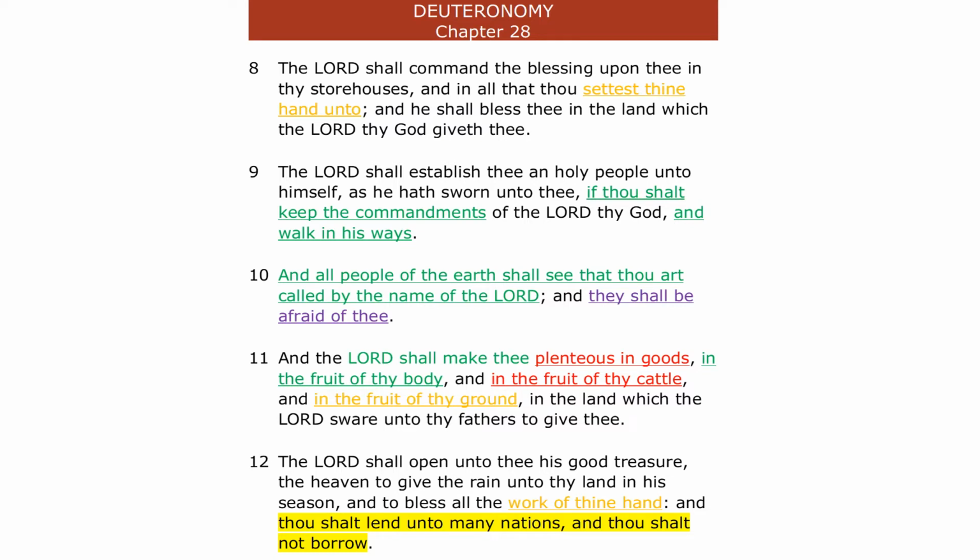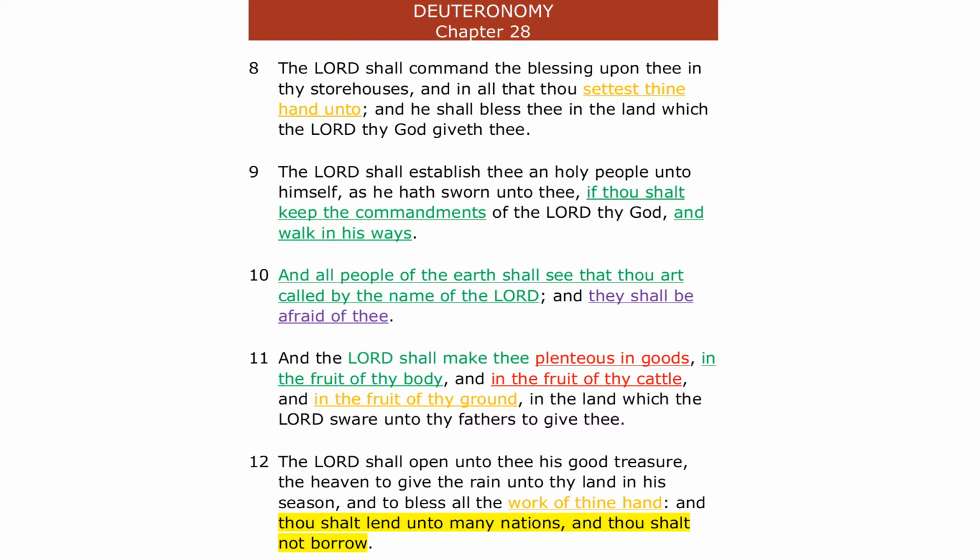So in Deuteronomy 28 verse 8, it says, and in all that thou settest thy hand unto. So what is it saying? The Lord shall command the blessing upon you in the storehouses and in all that you set your hands onto. What hands? Your left hand and your right hand. What's your right hand? Political. What's your left hand?